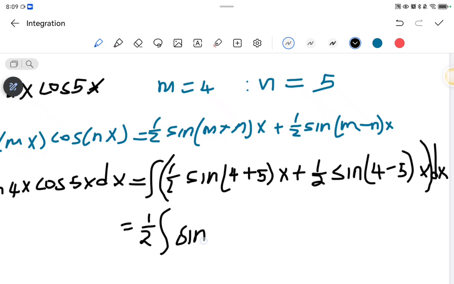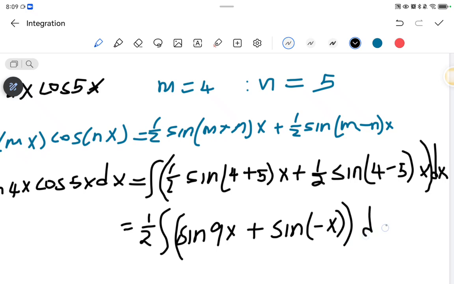So I take the 1 over 2 out, I simplify the inside. This will be sin of 4 plus 5, that is 9x, plus sin of 4 minus 5, that is minus x, dx.